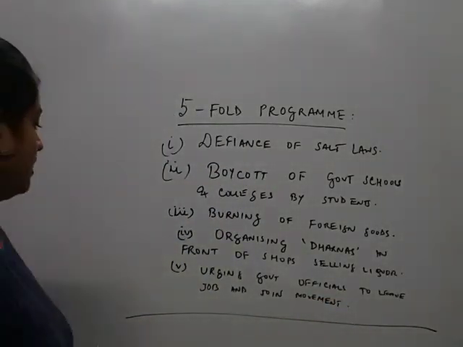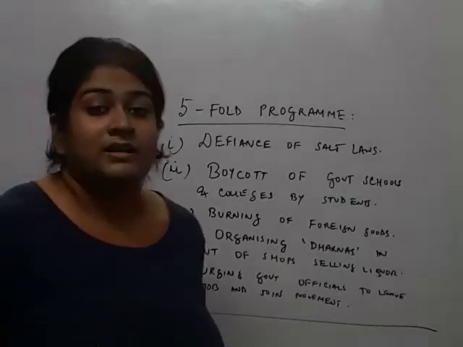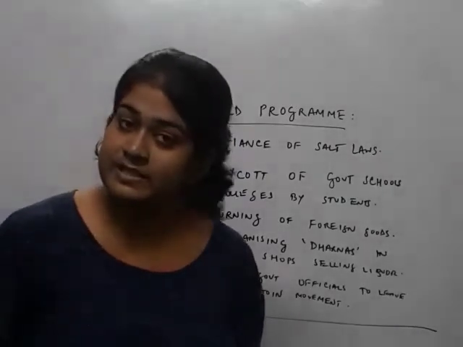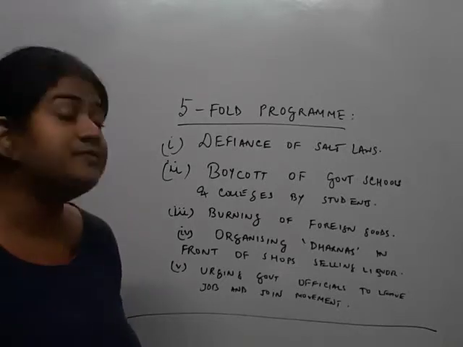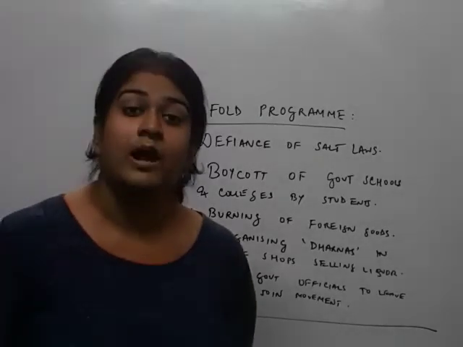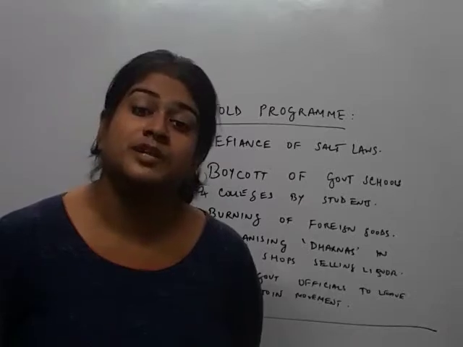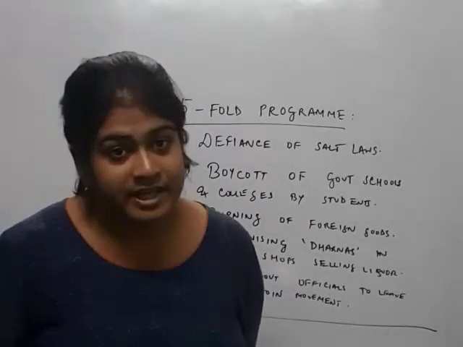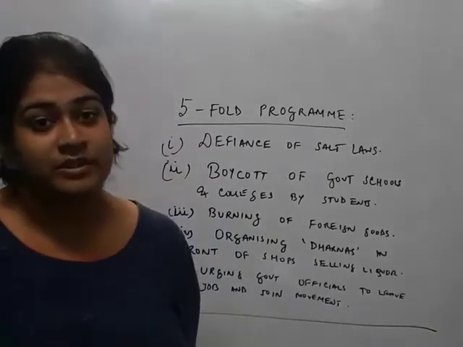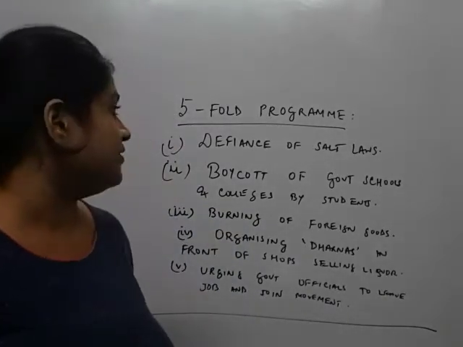So the last program under the Civil Disobedience movement includes urging government officials to leave the job and join the movement. Indians who were holding high posts in the government civil service were urged to leave their jobs and join hands with the Indians in their movement for the freedom struggle.